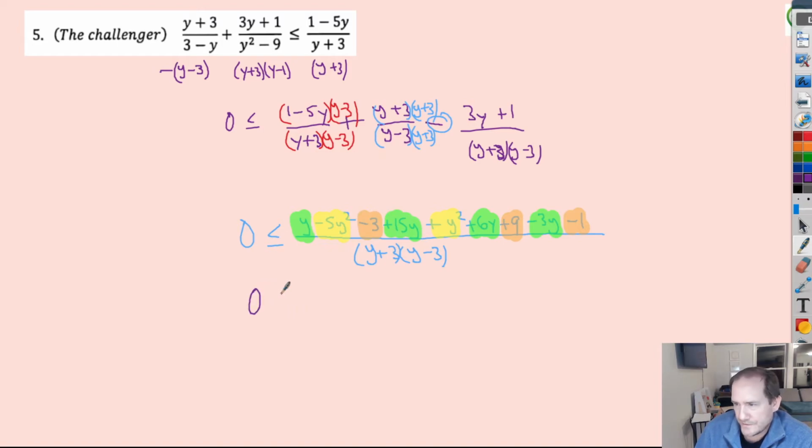So now, 0 is less than or equal to negative 4y squared. Then 16y, 22y, 19y. And then for the constant, you've got positive 6, positive 5. Okay, all over.